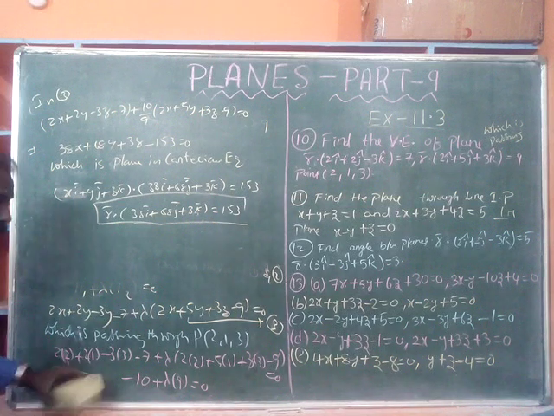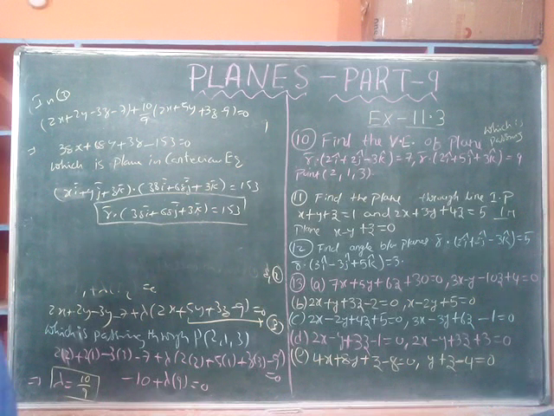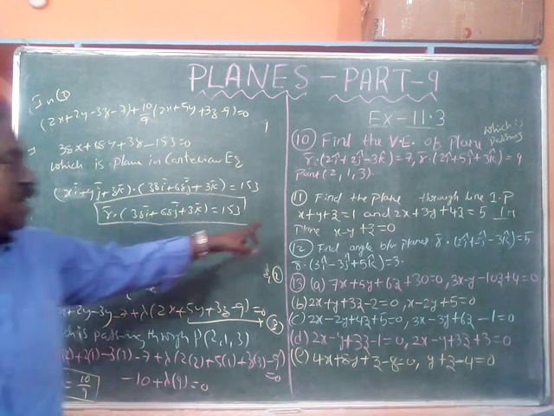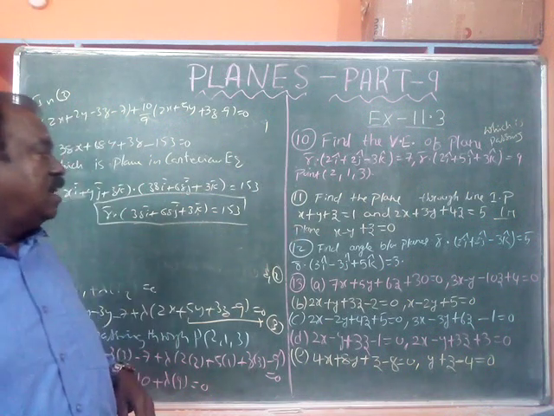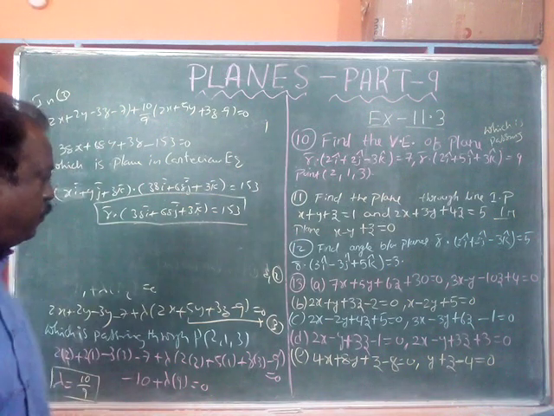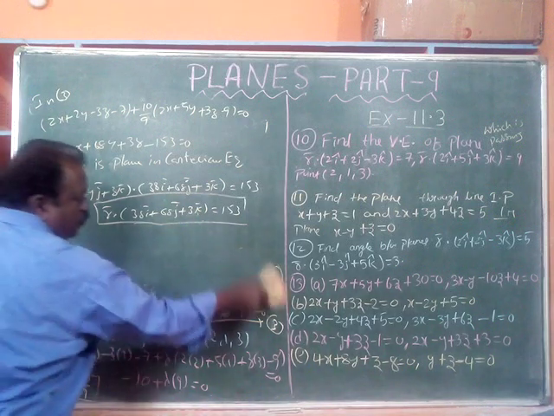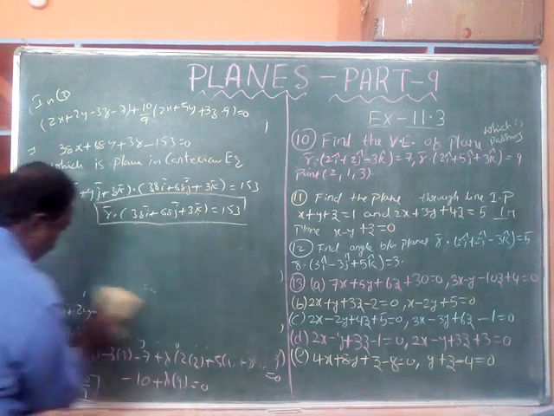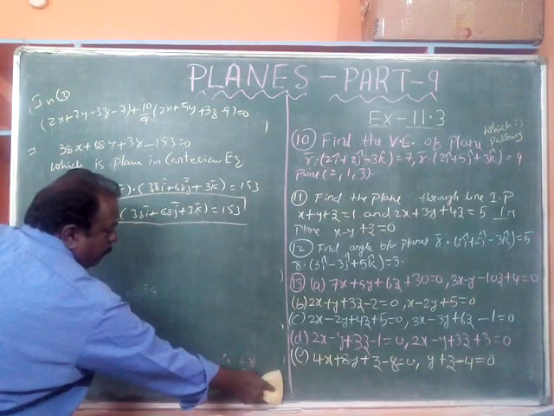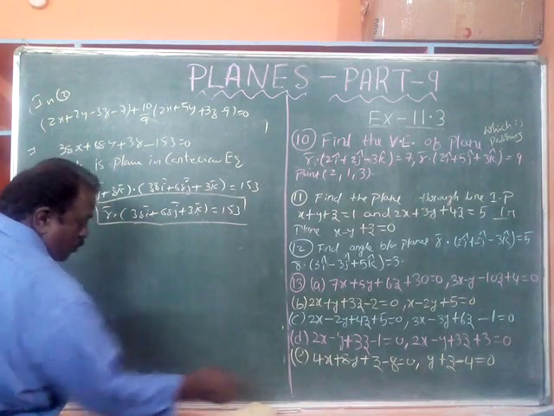Now, the 11th one. Find the plane passing through the line of intersection of two planes, which is perpendicular to this plane. Here it is very clearly given.